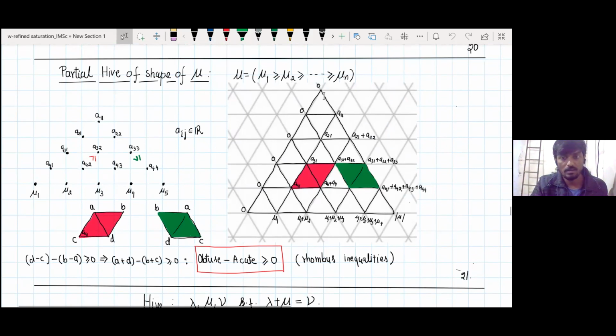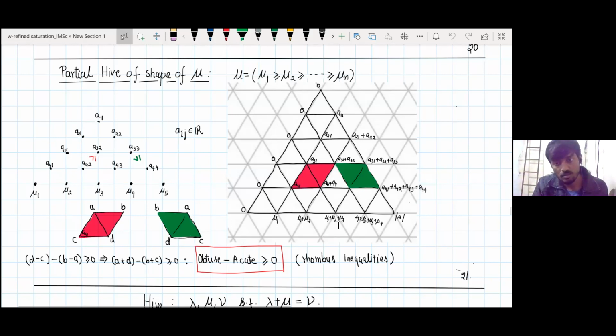The labeling will be according to the GT pattern. So what is this labeling? The left side vertices are all labeled by 0, and on the right side and bottom you start with mu1, similarly to GT. The next one you have to put mu1 plus mu2, meaning you take a partial sum corresponding to rows.